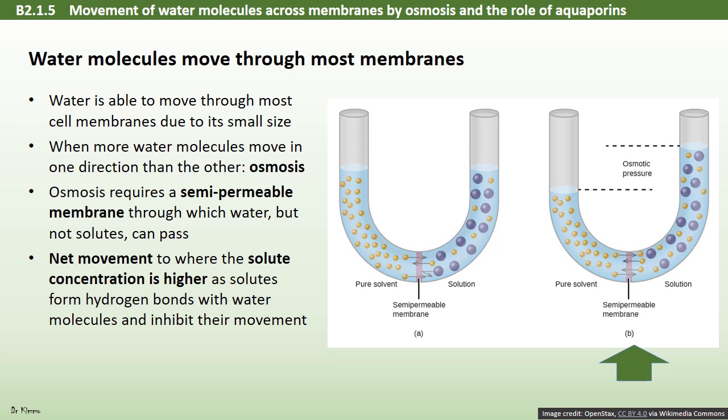So the net movement of water stops. So the end point in this case would be different water levels on the left versus on the right because of the net movement of water from the left to the right. You will be learning more about osmosis in D2.3.